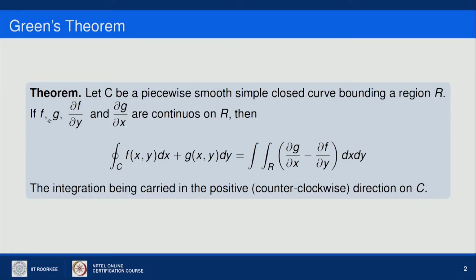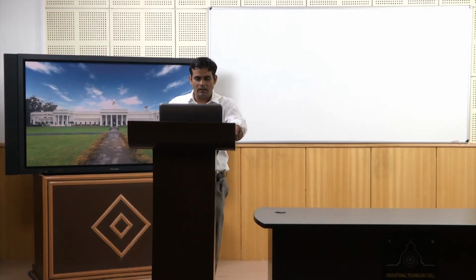If f, g, del f over del y and del g over del x, all functions of x and y, are continuous on the region R, then the line integral over the closed curve C of f dx plus g dy will be equal to the double integral over the region R of del g over del x minus del f over del y. Here the integration is carried out in the positive, that is, the counterclockwise direction on C.